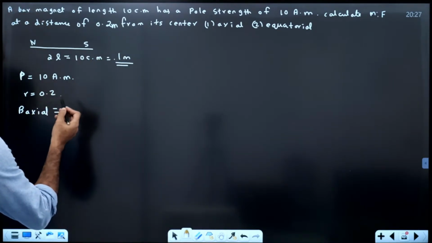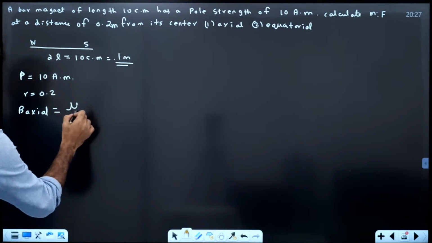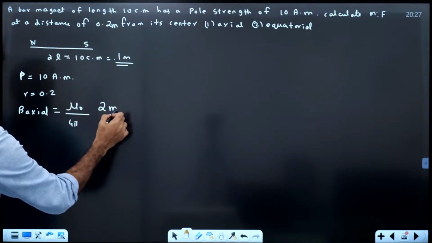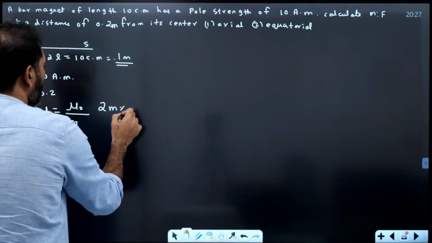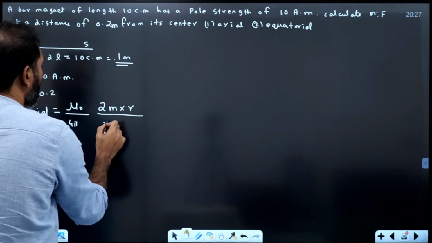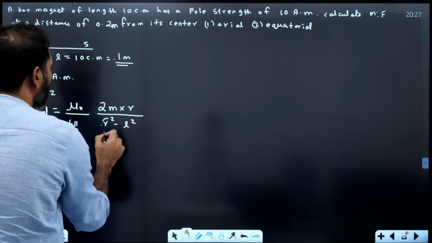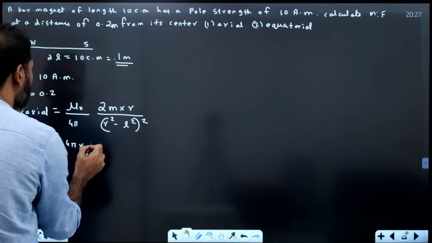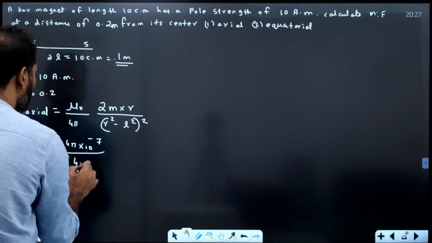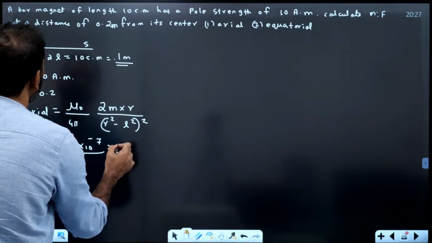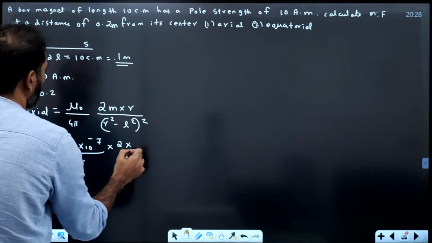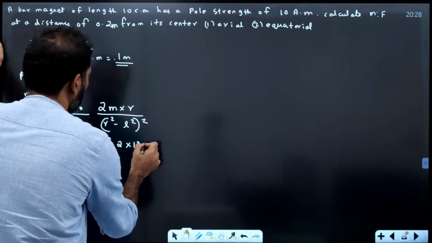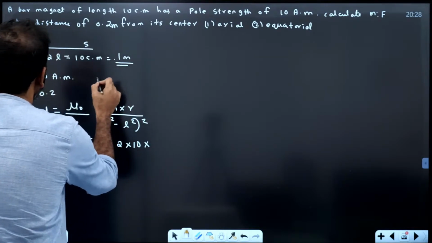So we should go for the traditional formula, that is mu 0 by 4 pi, 2MR divided by R square minus L square, the whole square. So 4 pi into 10 raised to minus 7 divided by 4 pi, into 2 into, what is the magnetic moment? Magnetic moment M equal to P into 2L.